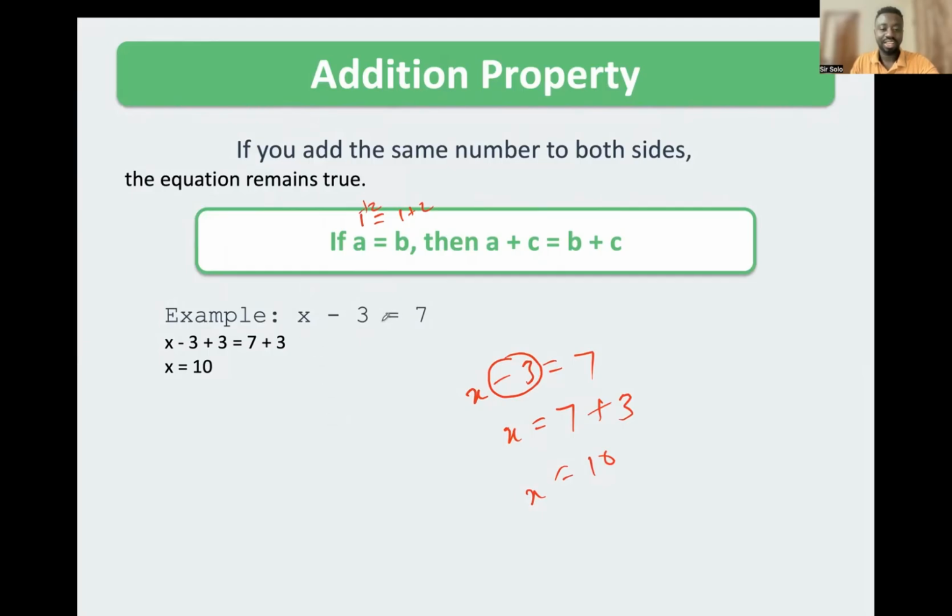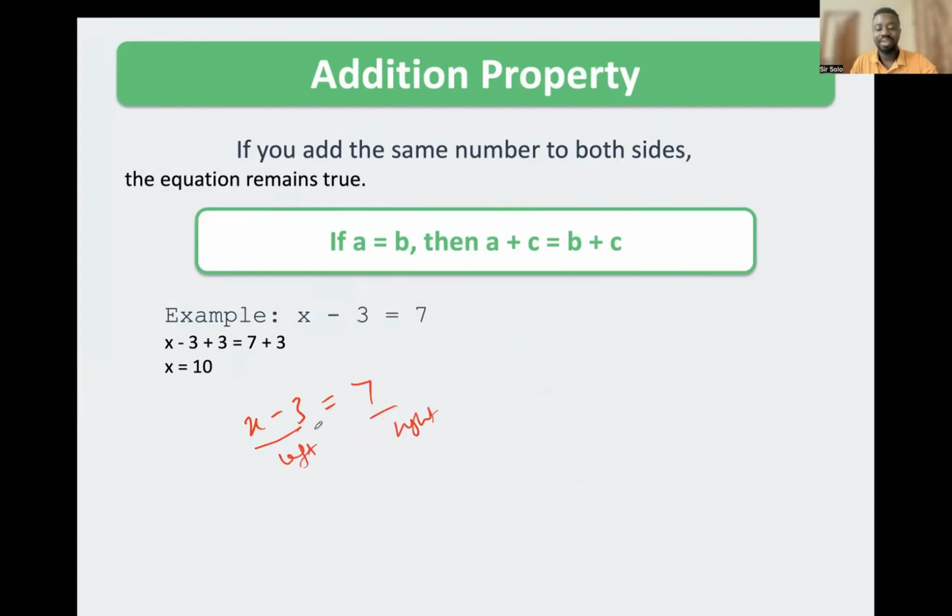So x minus 3 is equal to 7. Then whatever you do to the whole left side, you do to the right side too. If you take a number, let's call it C, and do the same thing to both sides, you should get the same thing.